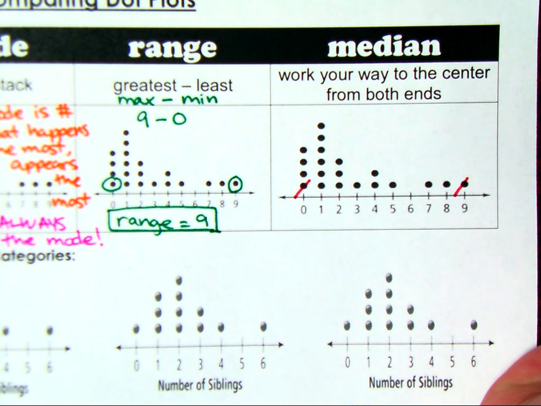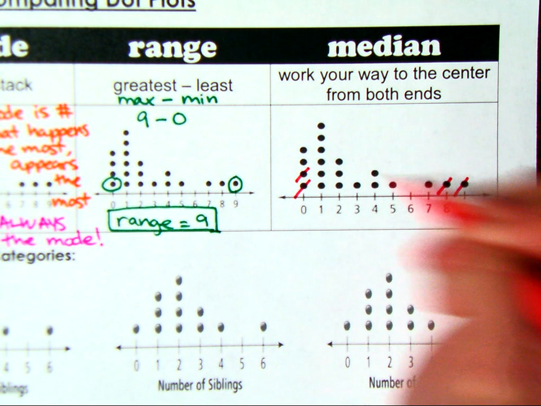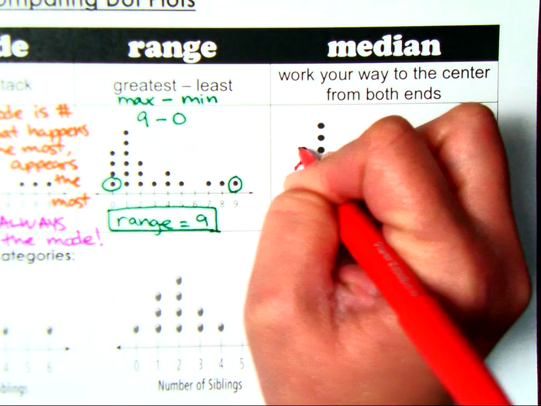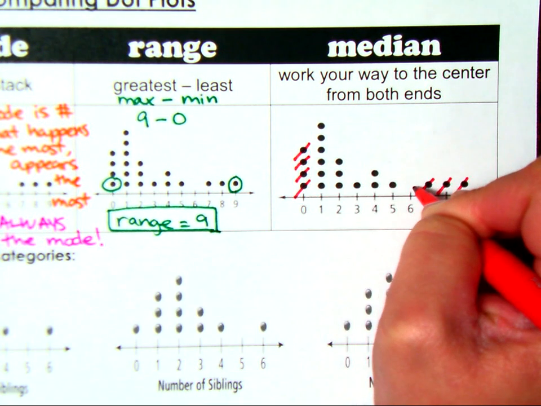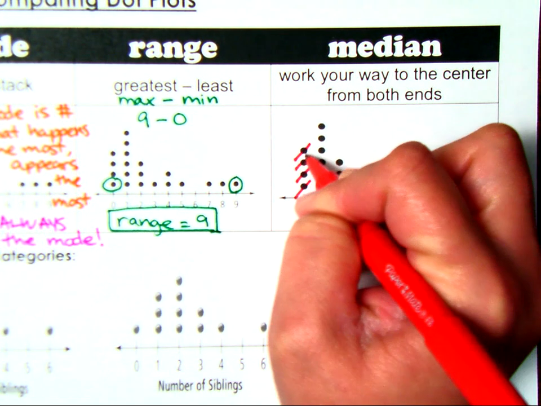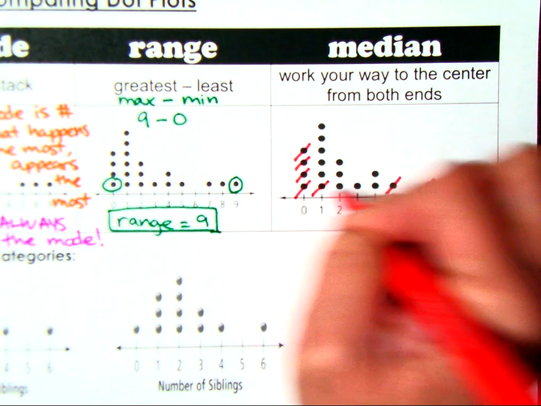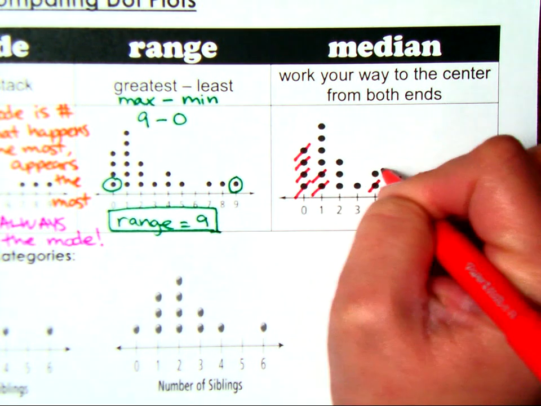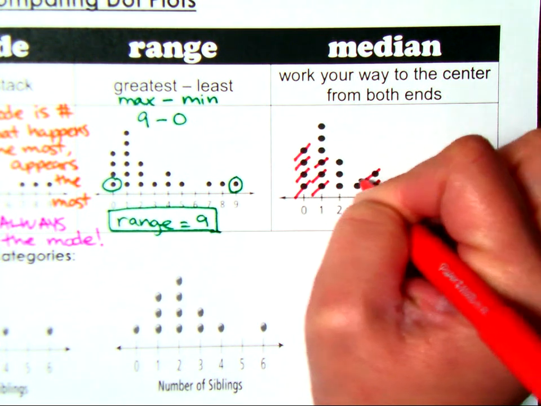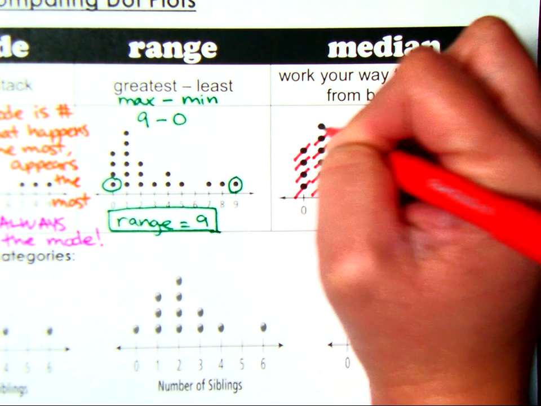That's my lowest and my highest. Now this 0 and this 8 are my new low and high, and I go back and forth. There's nothing to cross off on 6, so I'm going to go to 5. So 1, 2, 3, 4, 1, 2, 3, 4, just making sure I have it even. Then I cross off a 1, a 4, a 1, a 4, a 1, a 3, a 1, a 2, a 1, and a 2.